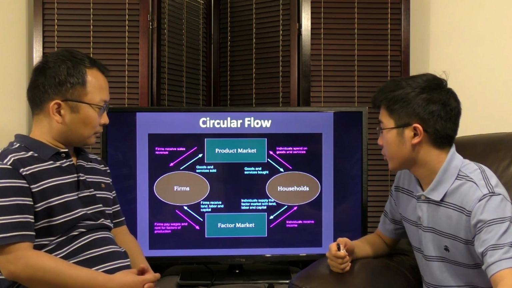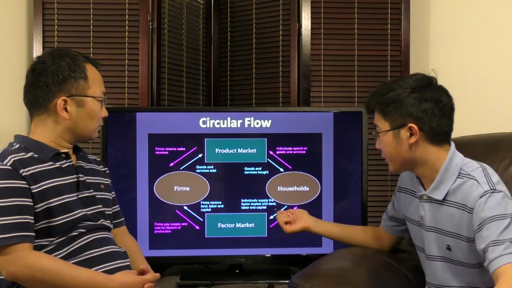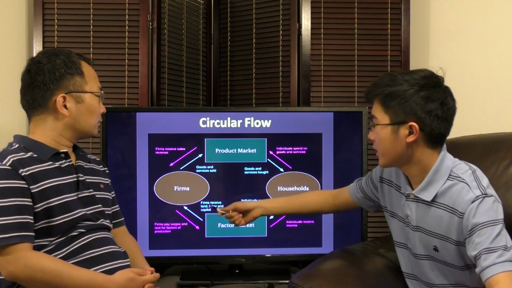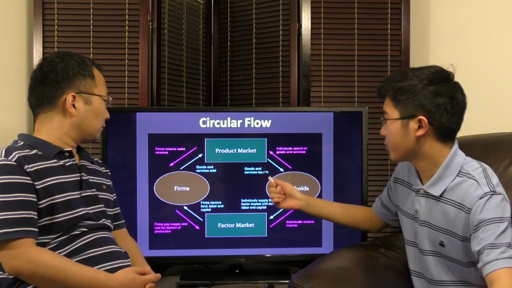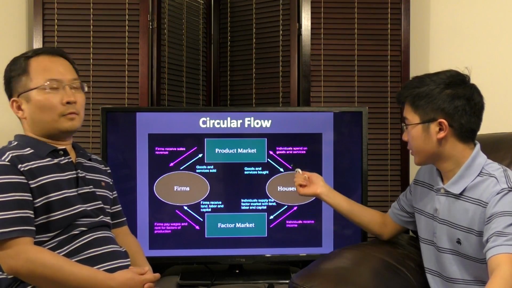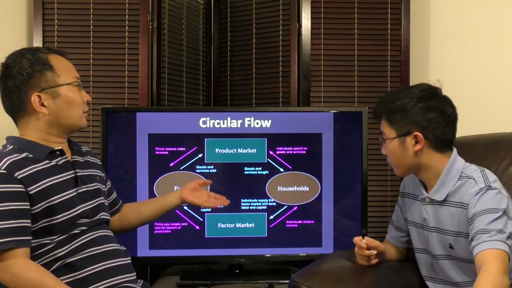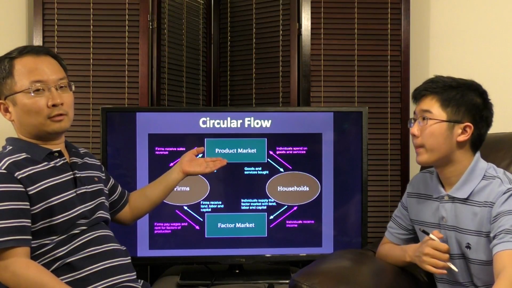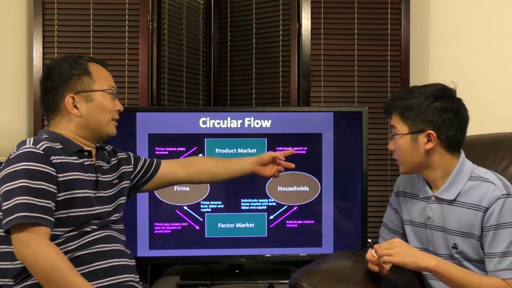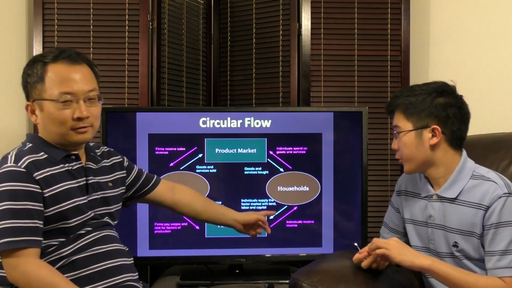And as a result, this input of factors turns into goods and services produced by firms, which turns into goods and services bought by households. So the input equals the output. Pretty much that's the same simple circular flow chart as before, just elaborated a bit more, with money, spending and receiving, and so forth, which we just talked about.